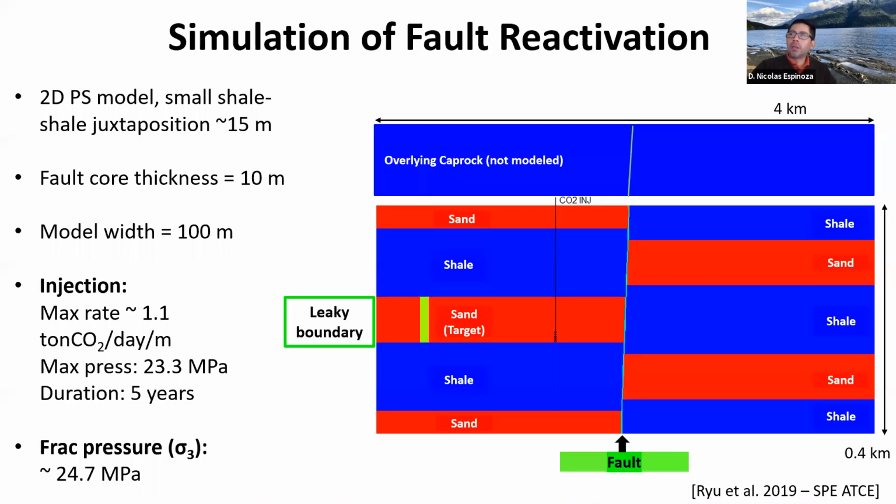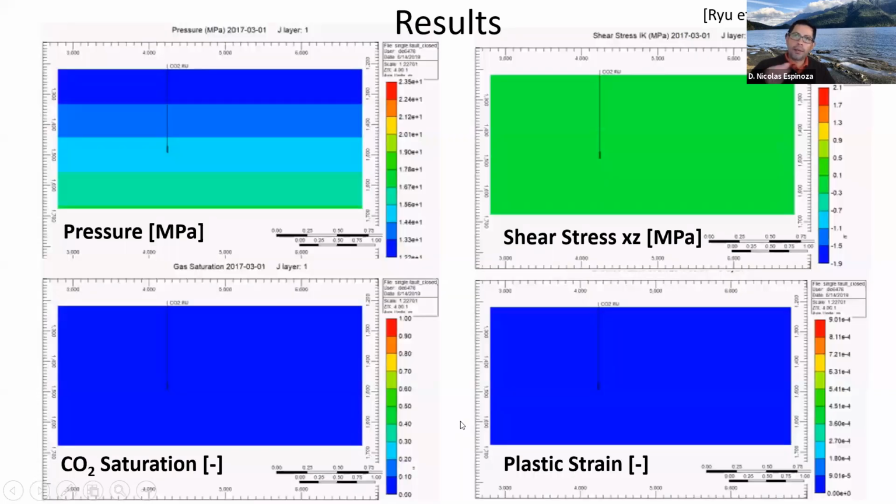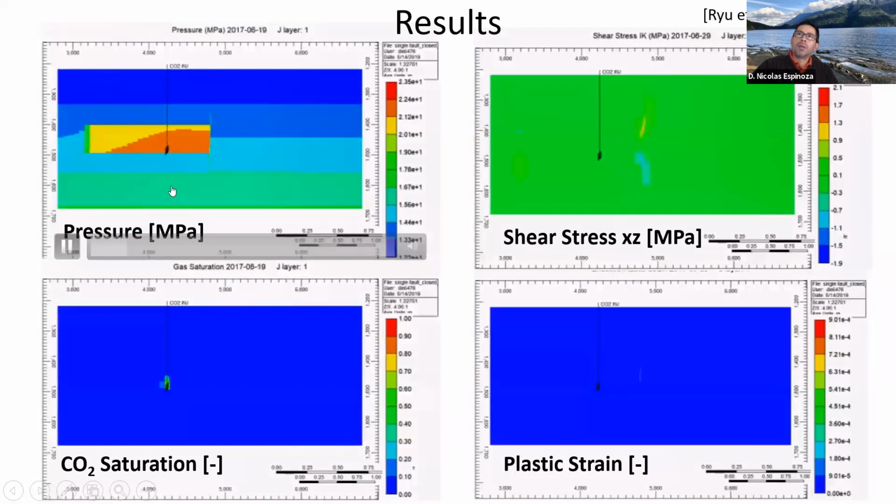Here in this example, in a work that we did with a graduate student, let me show some videos here. What we're going to do is inject CO2 in this sand, and analyze the change of stress in this fault. As you might expect, if we inject the fluid, pressure is going to increase very quickly.